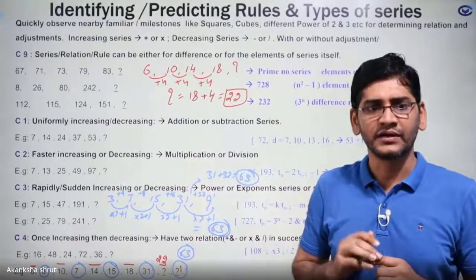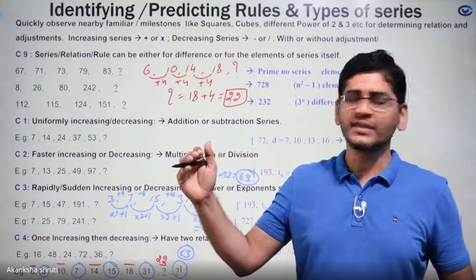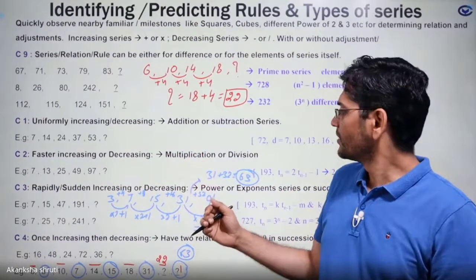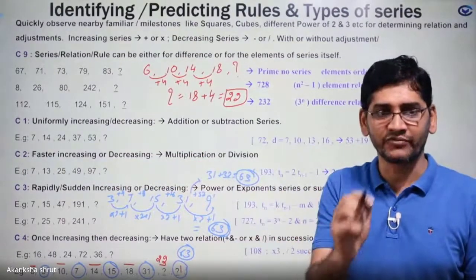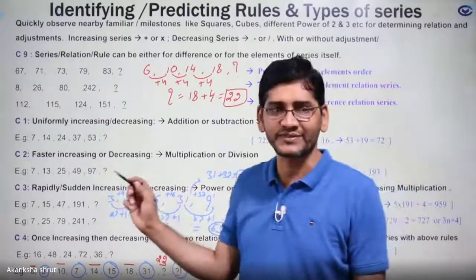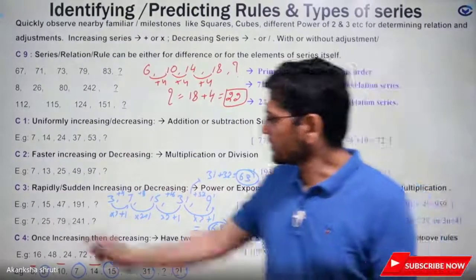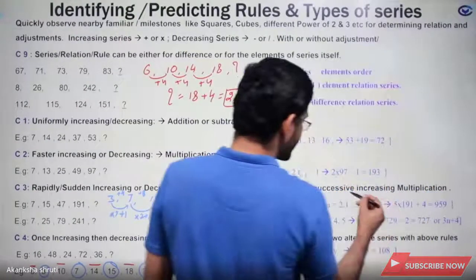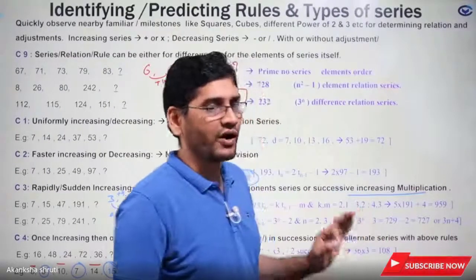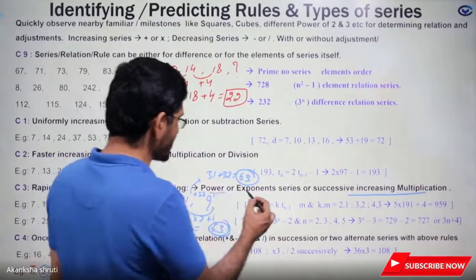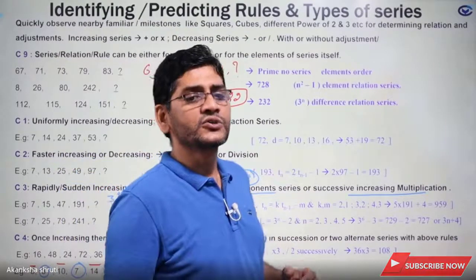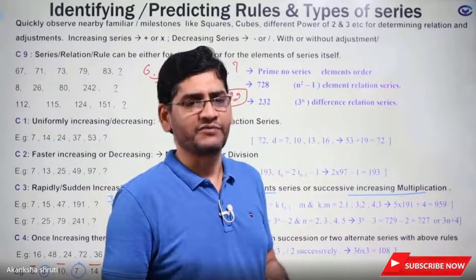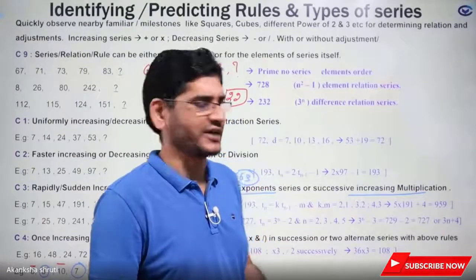Next, if the increase is a bit faster, meaning roughly each term is being multiplied by twice or thrice, go for multiplication or division with a constant number, with or without adjustment as per the terms of the series. Next, if the increase is very rapid or sudden, go for multiplication with an increasing multiplying factor, or you will get a series of some exponent or power, like 2 to the power 4, 2 to the power 6, 2 to the power 8, or 3 cubed, 3 to the power 4, 3 to the power 5, like that.